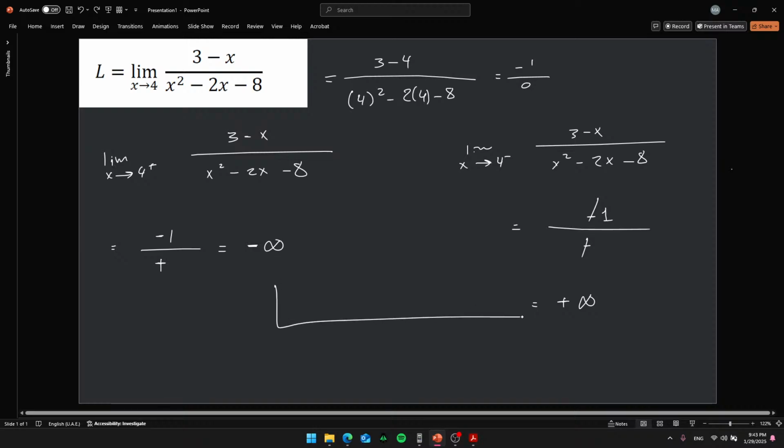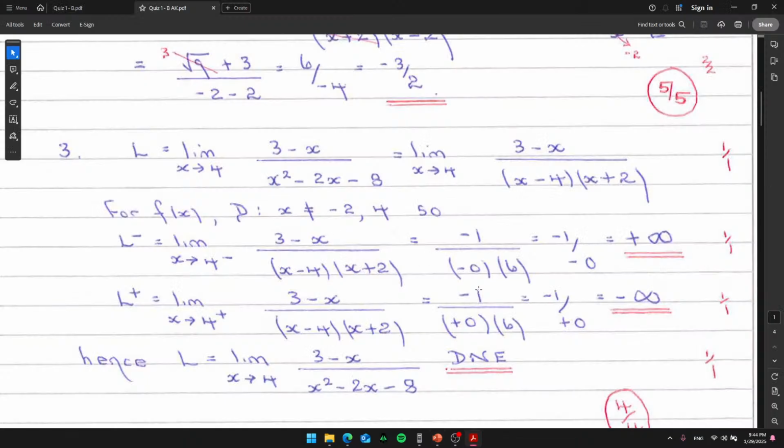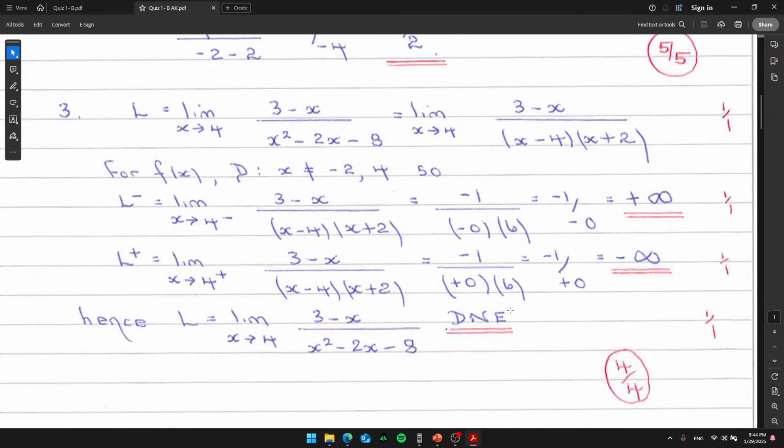So these are not equal, so that's why the limit does not exist. Okay, it says here positive infinity, negative infinity. Positive infinity when 4 from the left, negative infinity 4 from the right. Limit from the right doesn't equal the limit from the left, so it does not exist.